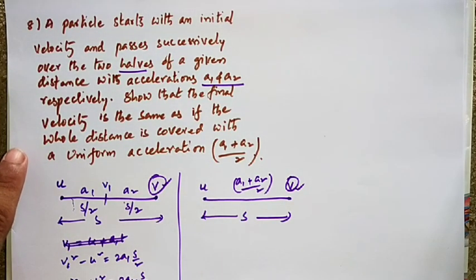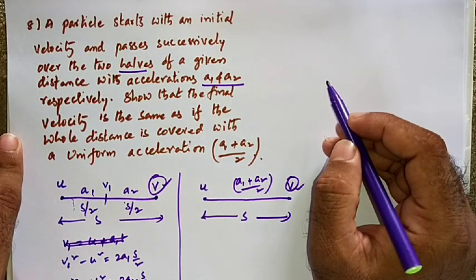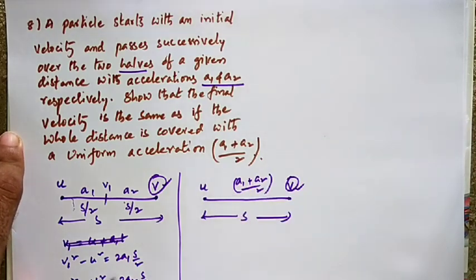From this you can calculate v value. How? Let us see here. Which we can eliminate from these two. v1 square we can eliminate from these two, so that our equation will be in terms of u's and a's. So eliminate v1 square value. So from this v1, what can I write?